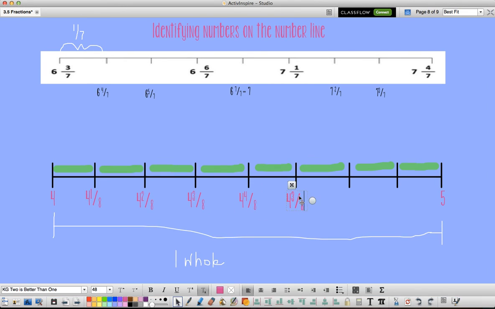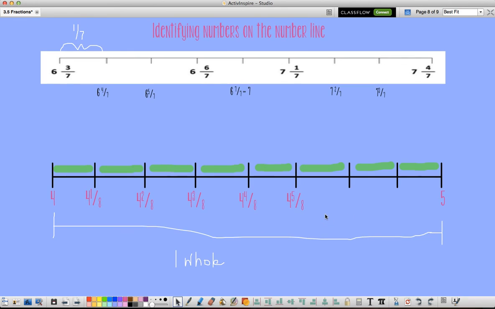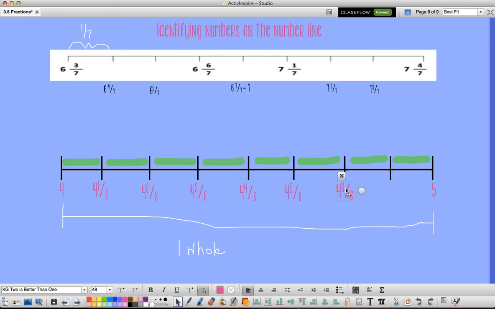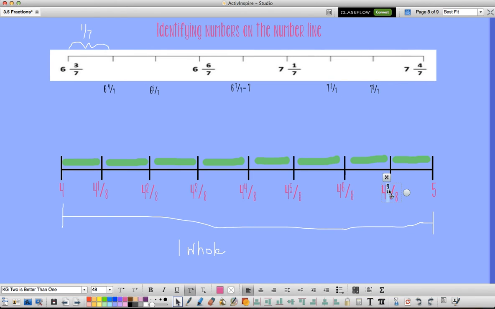So you could say that, but we're just going to stick with eighths right now just to get used to it. Then I have 4 5/8. And then I have 4 6/8. Now notice this actually gets pretty easy as we're going through. I'm sure you're going, okay, yeah, I get this. This makes total sense. The hardest part is determining what your denominator is, what those small pieces are.